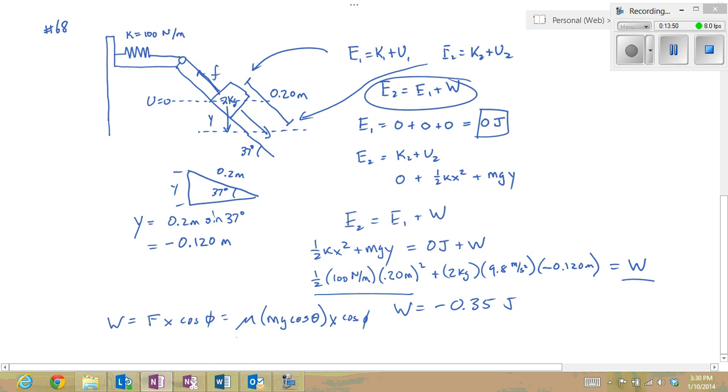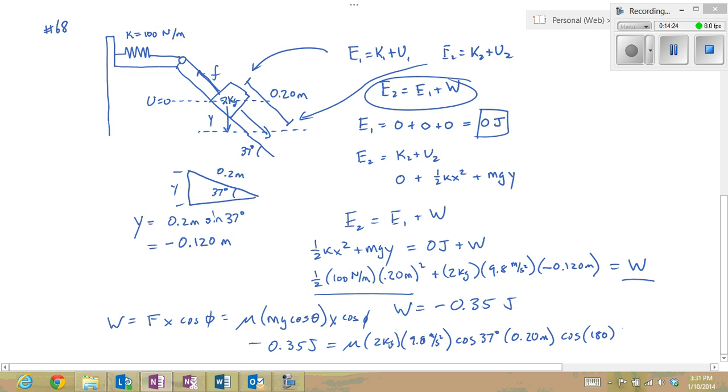So let's see, how many of these things do we already know? Well, we know the total work is 0.35 joules negative, and that's going to equal mu times the mass, which is 2 kilograms, times the acceleration of gravity, 9.8 meters per second squared, times the cosine of the angle of the plane, 37 degrees, times the distance that the object travels, which is 0.2 meters, and the cosine of the angle in between the two.